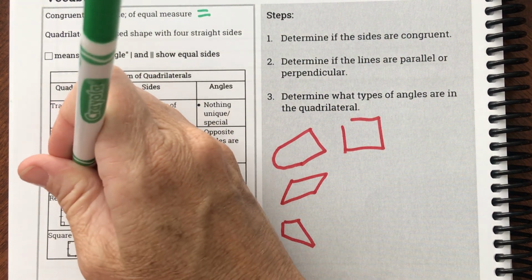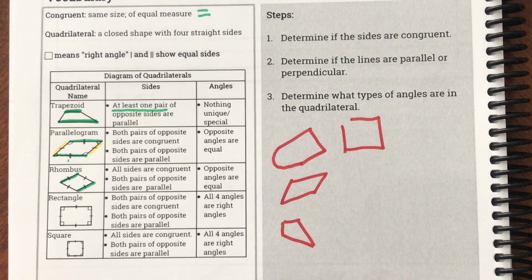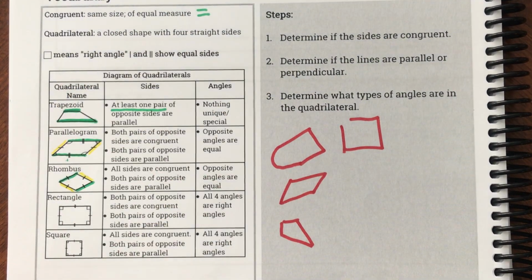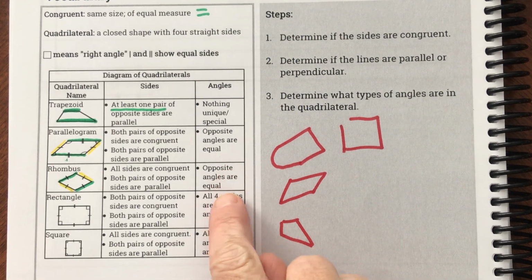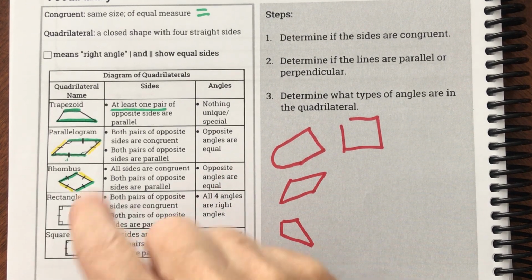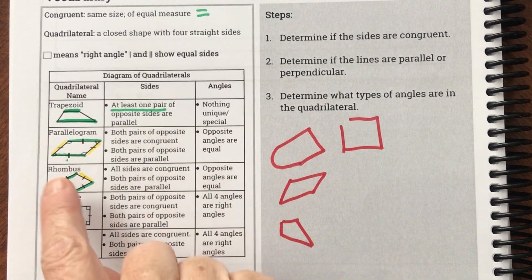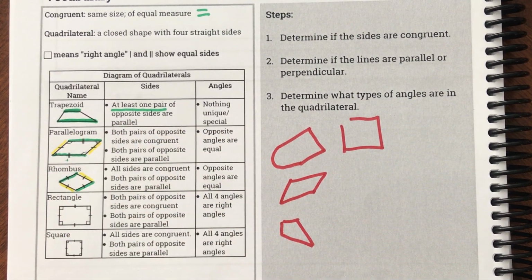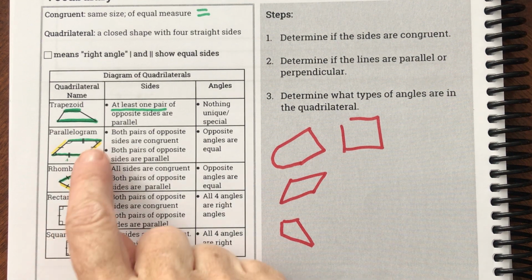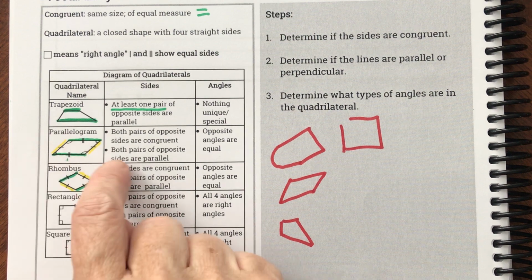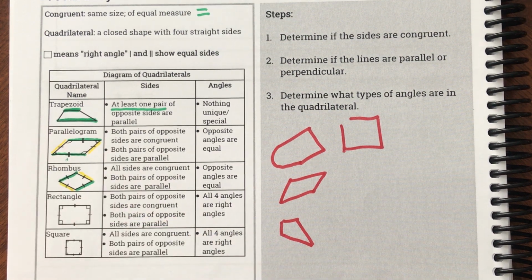So this side is parallel to this side, and this side is parallel to this side. And then opposite angles are equal. So if you think about it, the rhombus is very similar to the parallelogram. It follows all the parallelogram rules. The only difference is this one has 4 equal sides and this has 2 pairs of equal or congruent sides.